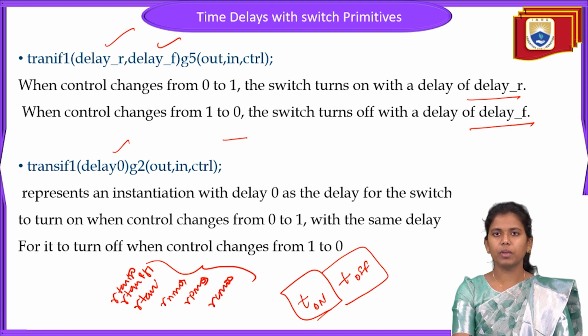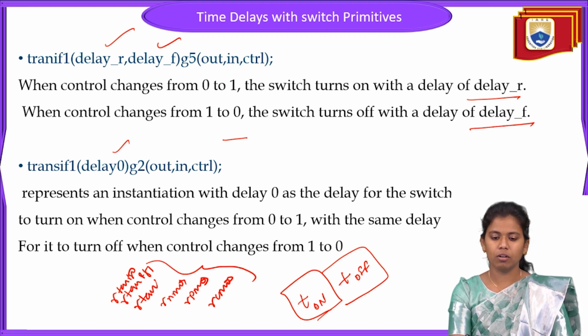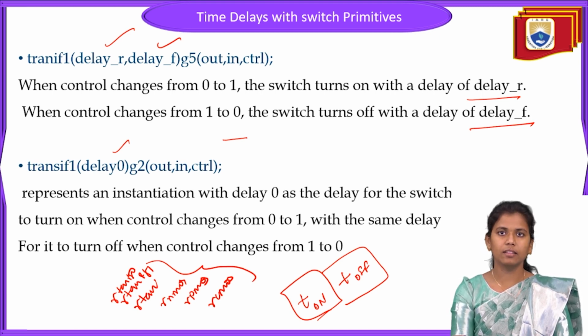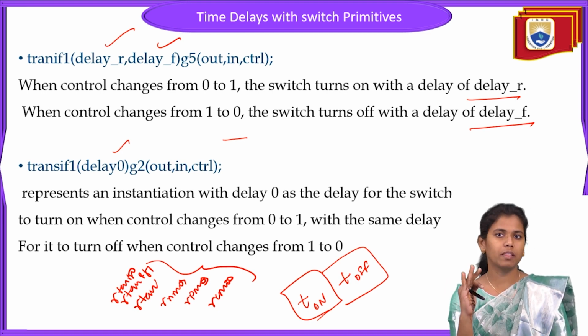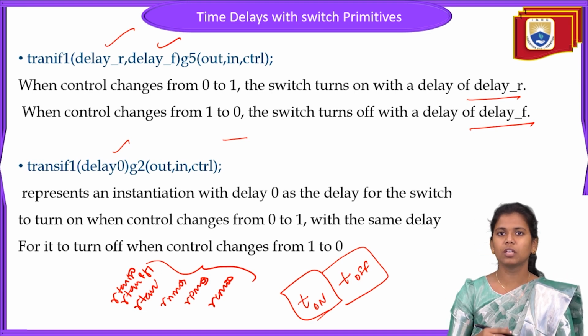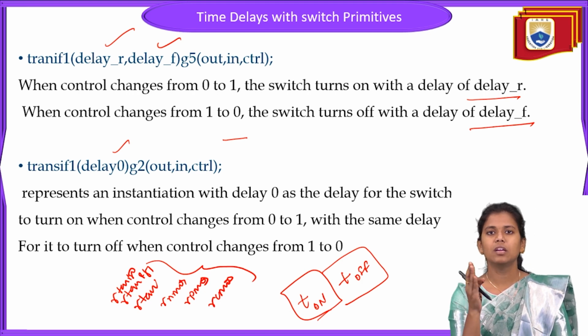So today's topic, I think you might have cleared all your doubts regarding the time delays with respect to the switch primitives. The only thing you have to remember in the time delays is that the time is confined into three types: rise time, fall time, and the turn off time. Rise time is when the transition takes place and the output changes its value from 0 to 1, that is from low to high, then you call that particular time period the rise time.